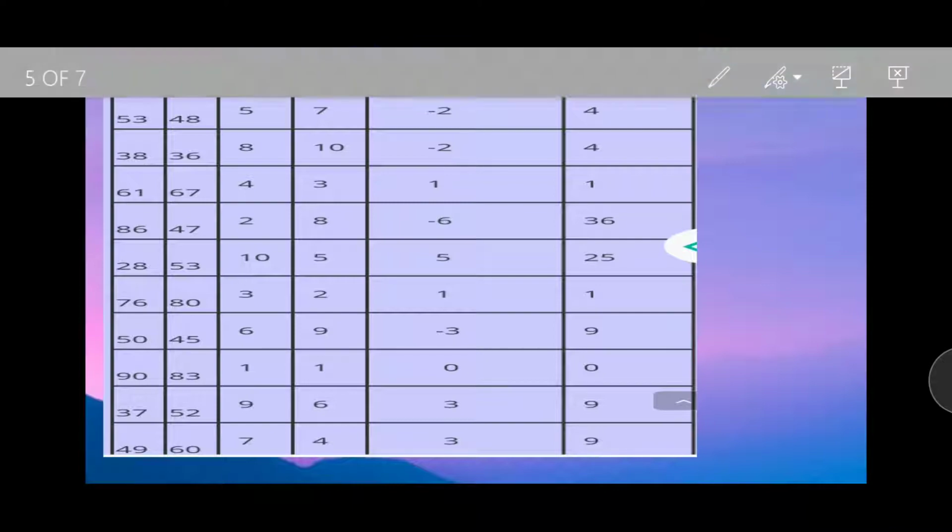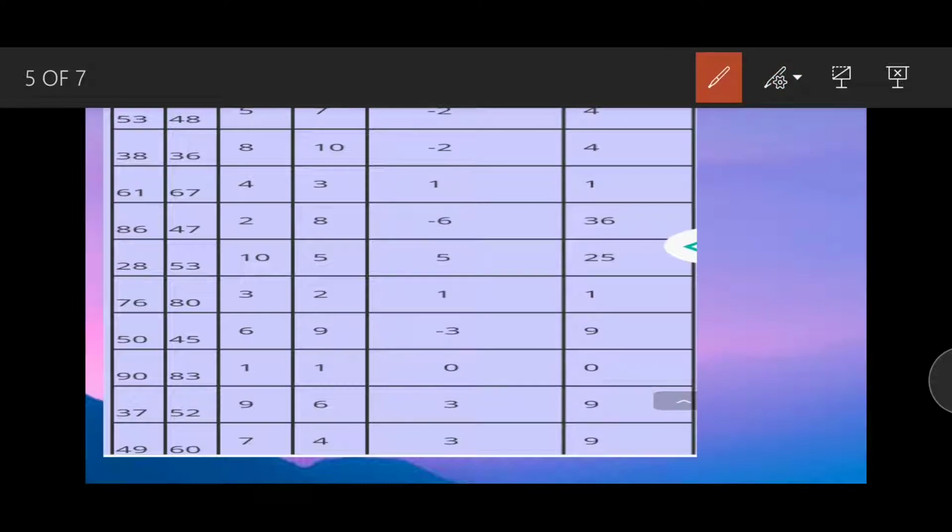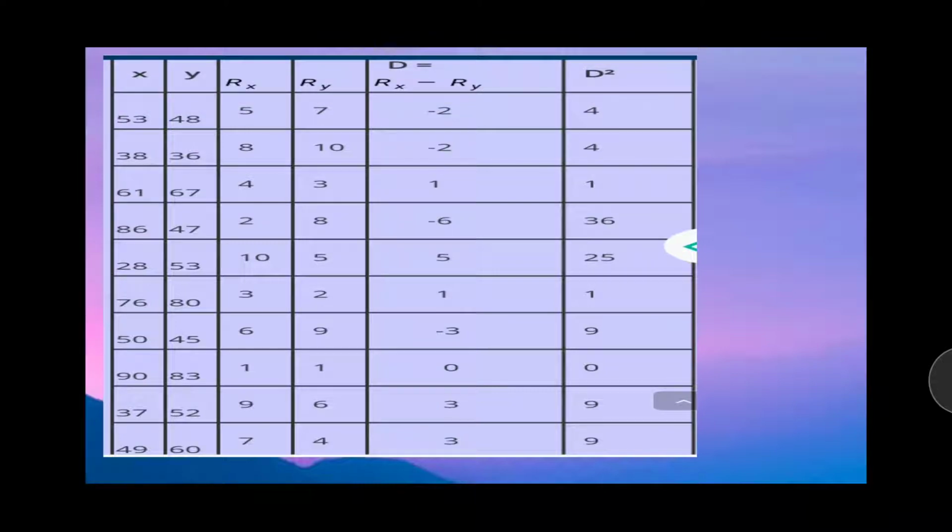Now the next thing we need to do is to quickly look at the next column, which is D, representing the difference. That's the fifth column, where we have the D. We find the difference between the Rx and Ry. So the difference, 5 minus 7 gives us minus 2.